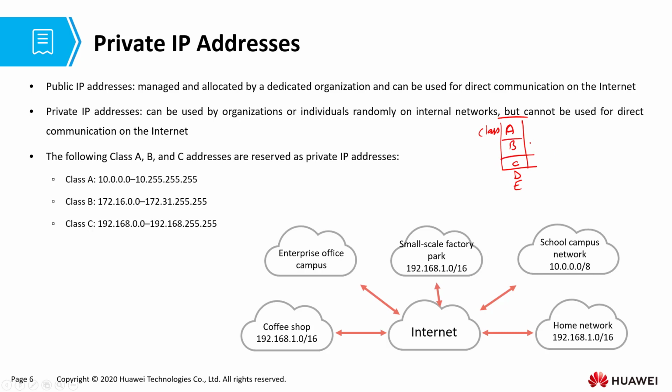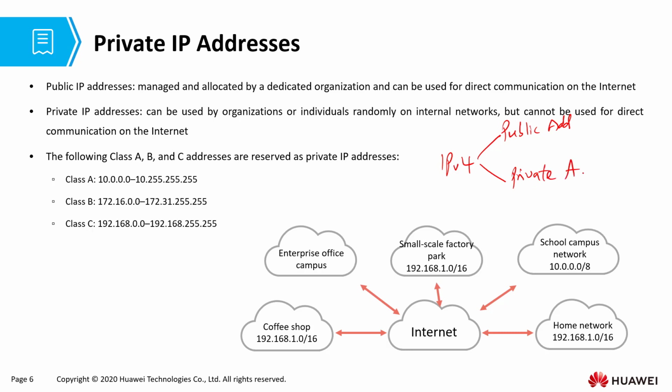When you look at classes A, B, and C, this entire family of IPv4 addresses gets split up into two major types of addresses. IPv4 addresses get split up into what we call public addresses and private addresses.